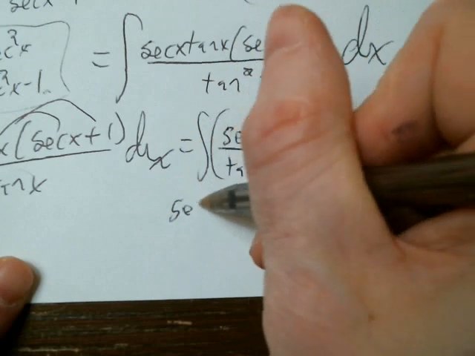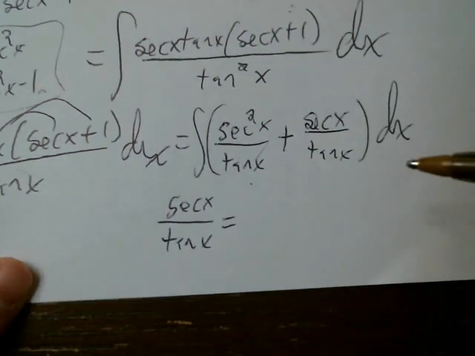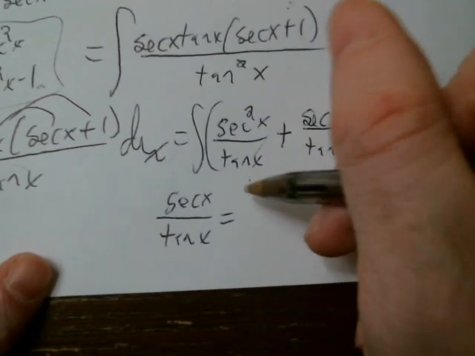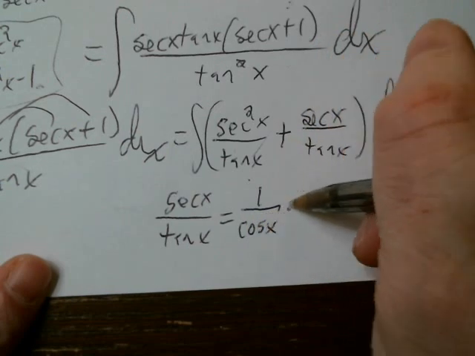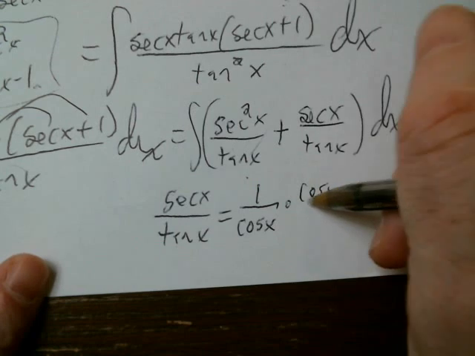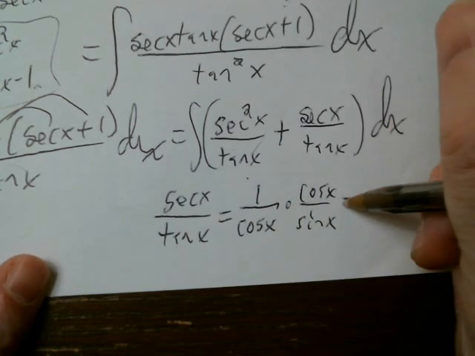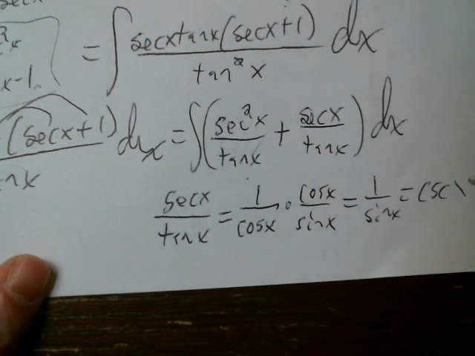So note that secant x over tan x, if I go back to sines and cosines, is the same as 1 over cosine x times 1 over tan, which is cotan, which is cosine x over sine x. In other words, this thing is really equal to 1 over sine x, which is really equal to cosecant x.